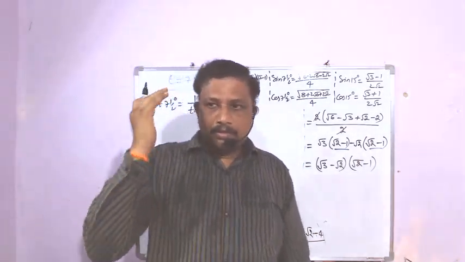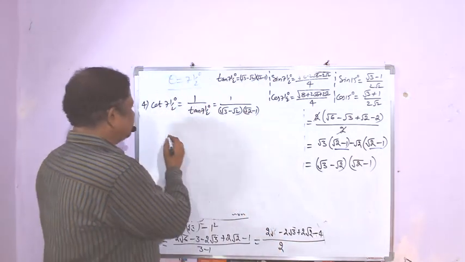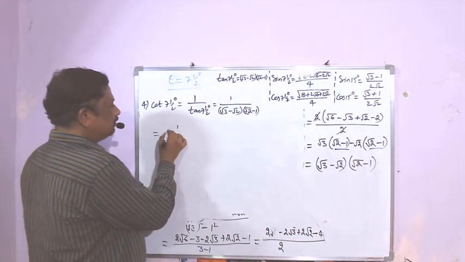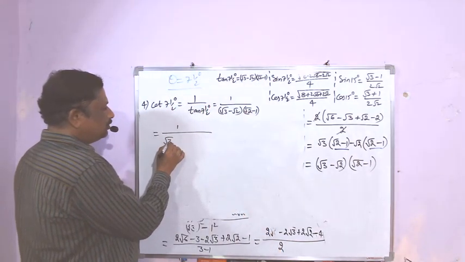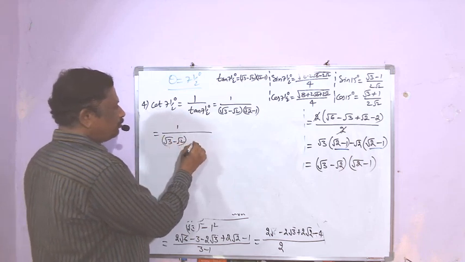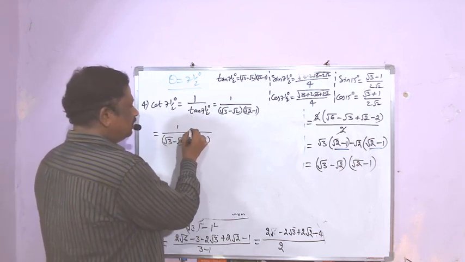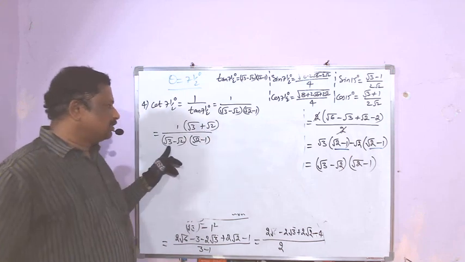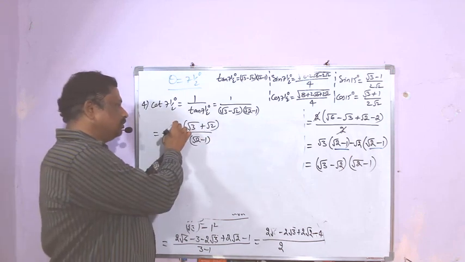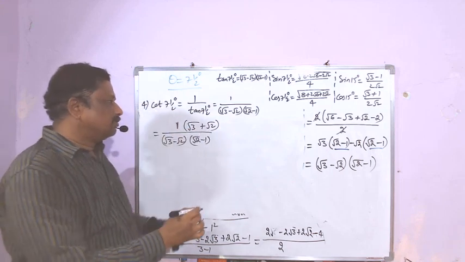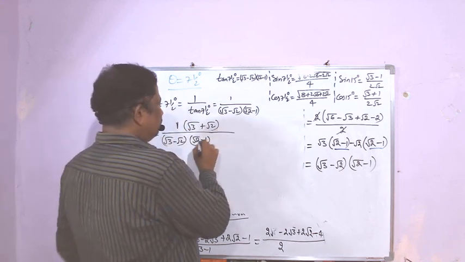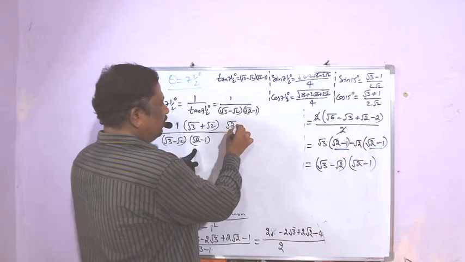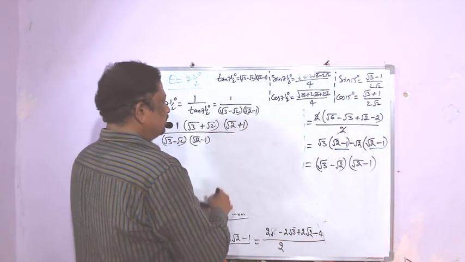Now multiply with rationalizing factors. What are the rationalizing factors? The rationalizing factor of root 3 minus root 2 is root 3 plus root 2. Next, the rationalizing factor of root 2 minus 1 is root 2 plus 1.